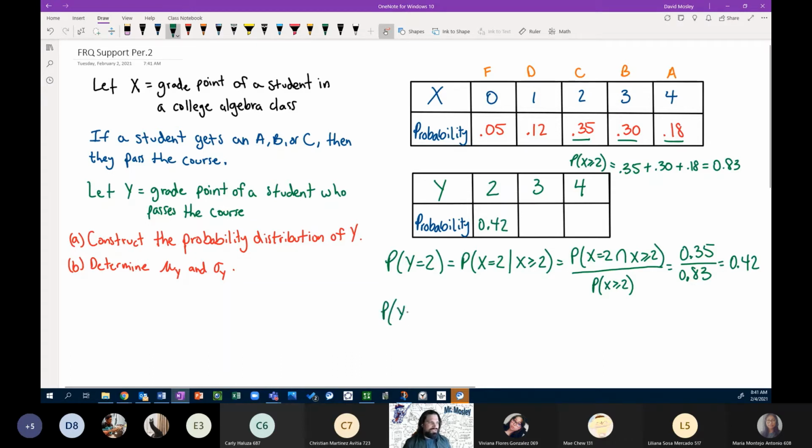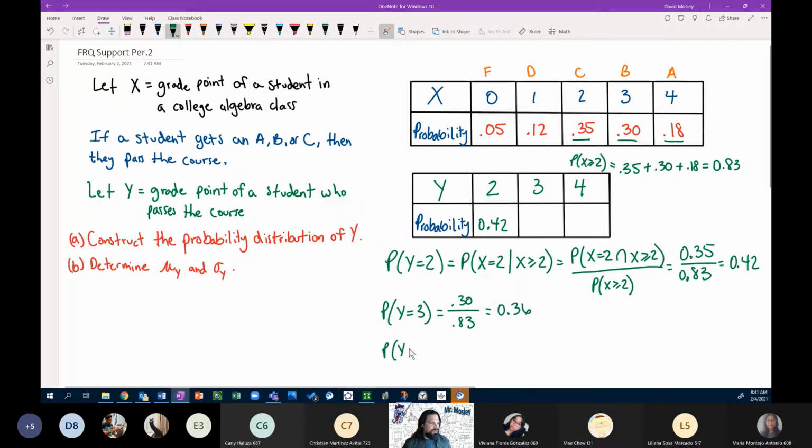We can then do the same calculation for the probability of Y equaling 3. If we notice how this worked out, we'll just end up with 0.30 divided by 0.83, and we get 0.36.